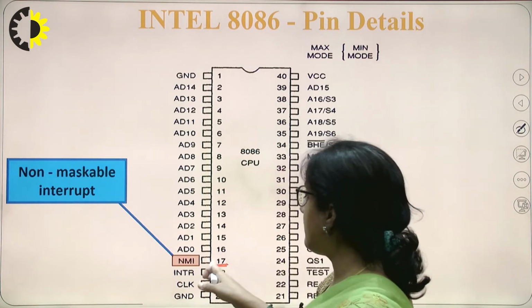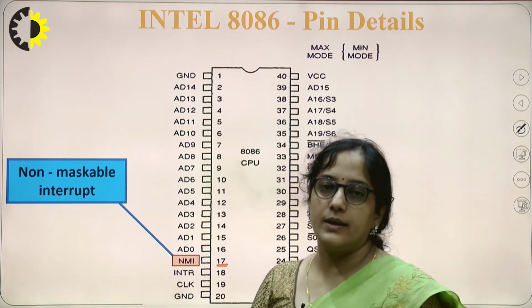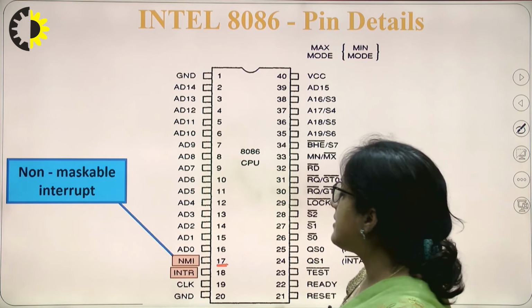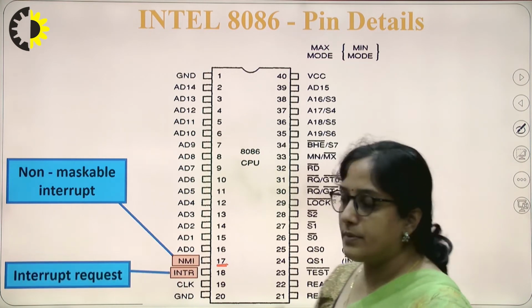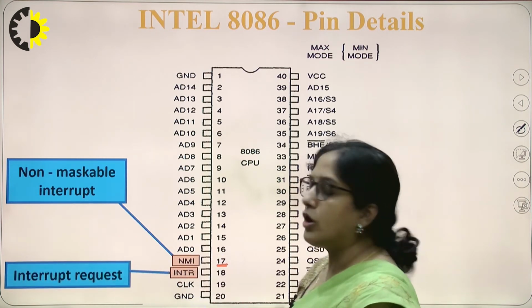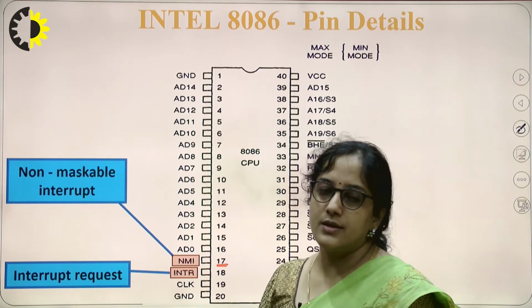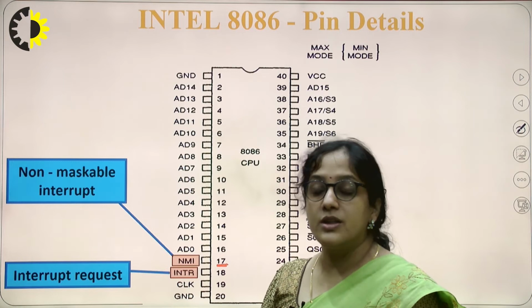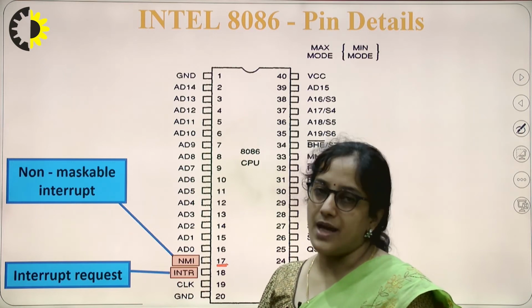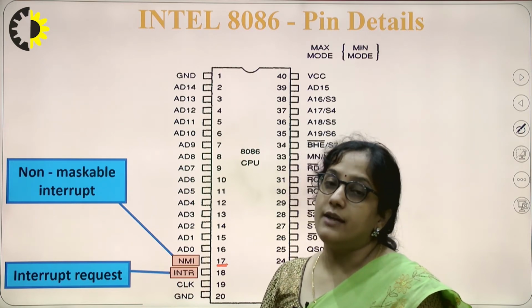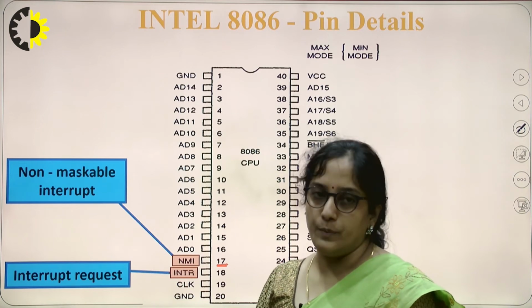This interrupt is not masked in our program. Next is INTR, that is interrupt request. This is our normal interrupt. We can mask this interrupt in our program. If we do not want it to disturb our main program, we can mask it by making the interrupt flag IF 0.